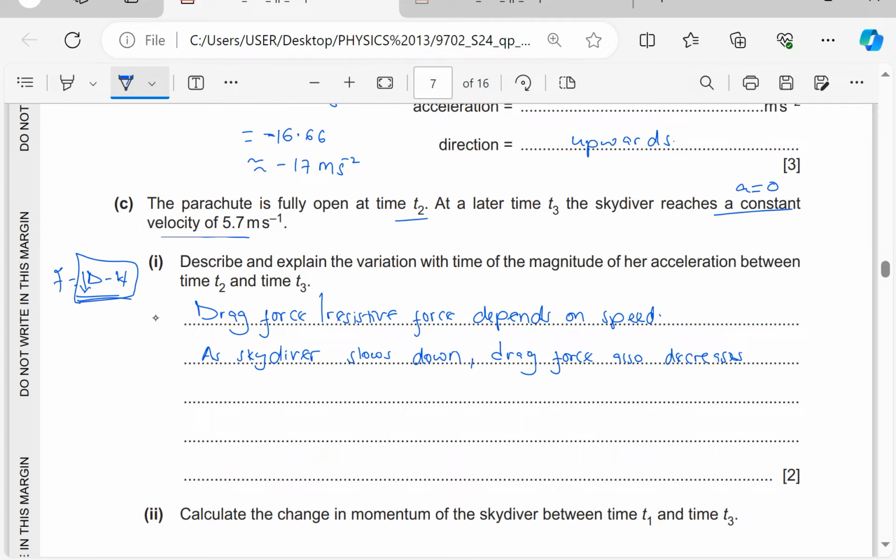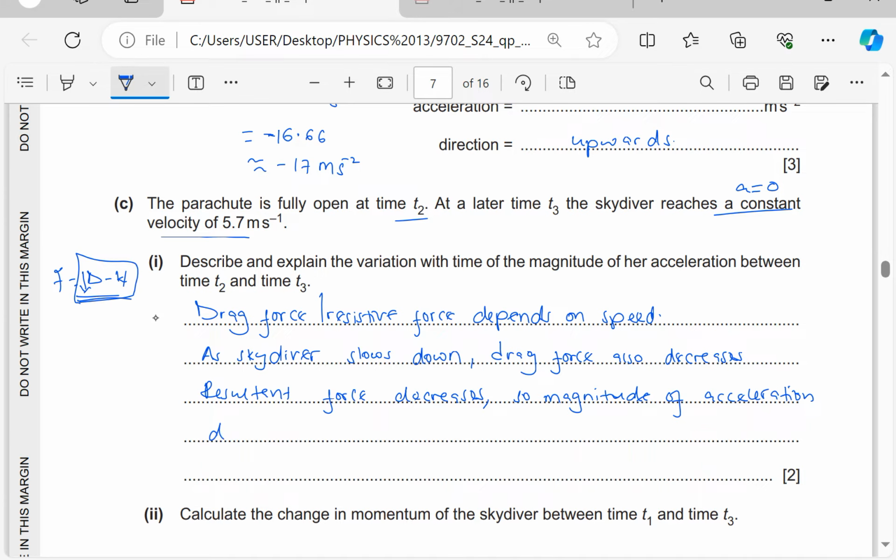So the resultant force decreases in magnitude, so the magnitude of the acceleration also decreases.